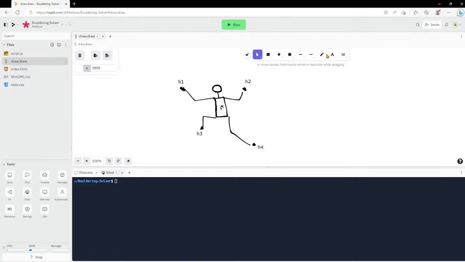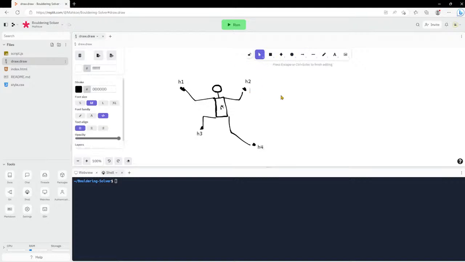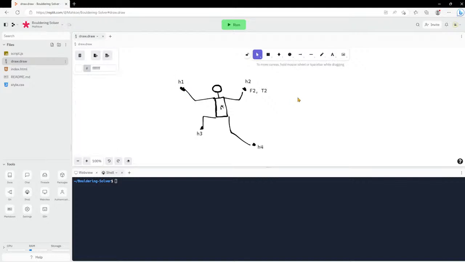And for each of these, we have F2 and capital T2, for each of these. And each of these is a vector. I'm not going to draw the arrows for each one. I'm just going to draw it here.